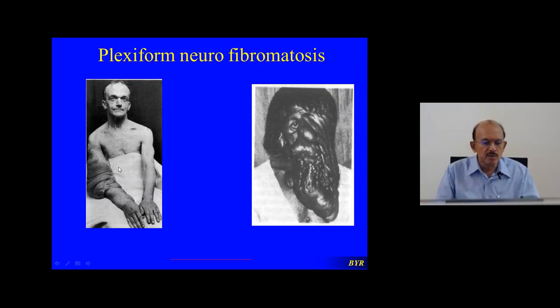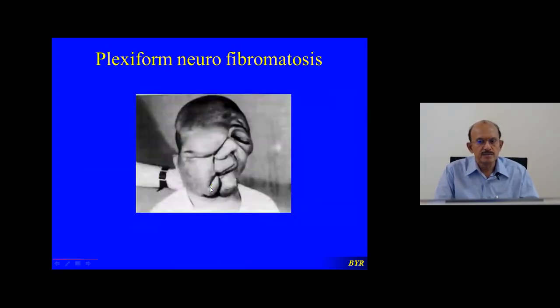So because of this enormous thickening of the endoneurium of the nerve fiber, you will see these pendulous folds and thickening of the skin. This thickening is not uniform. It is asymmetrical. That's why you are seeing these asymmetrical projections or masses over the skin.